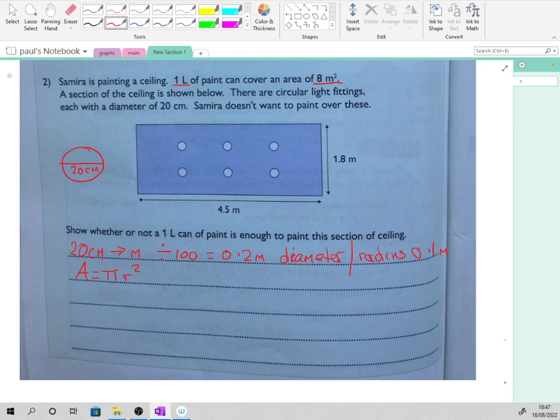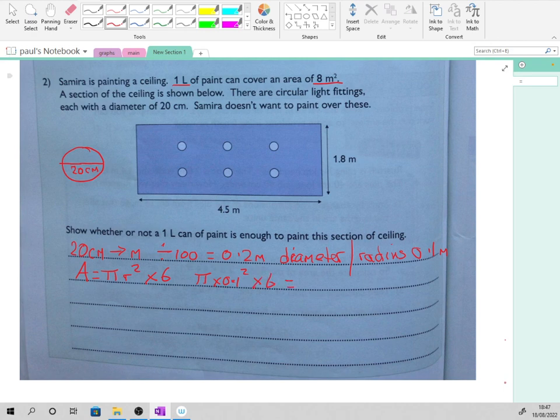We've got 1, 2, 3, 4, 5, 6 circles, so we're going to multiply that by 6. And r is 0.1, so we've got pi times 0.1 squared times 6.